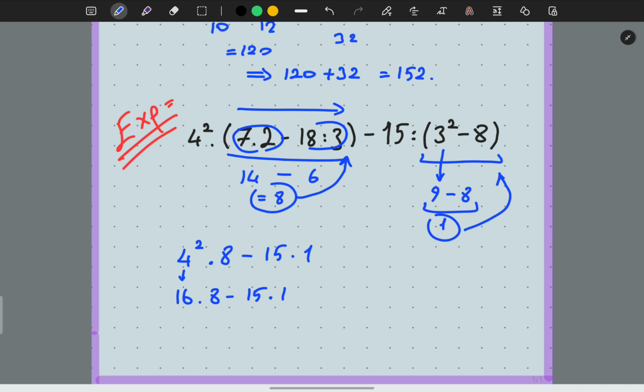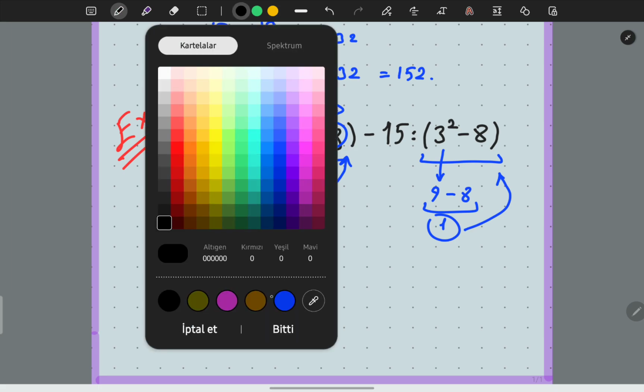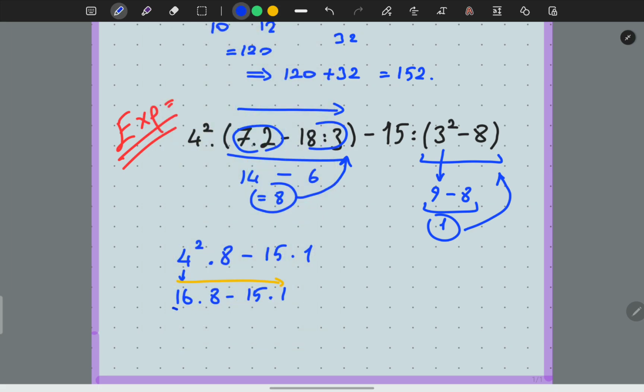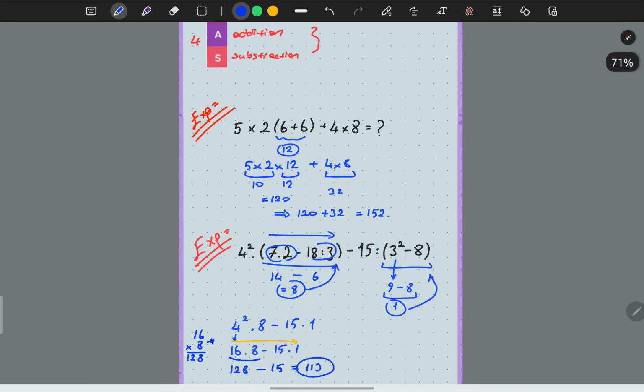We have two multiplications, and we are going from left to right. Let's find this one. 16 times 8, which makes 128 minus 15, and this is the last step, which makes 113.